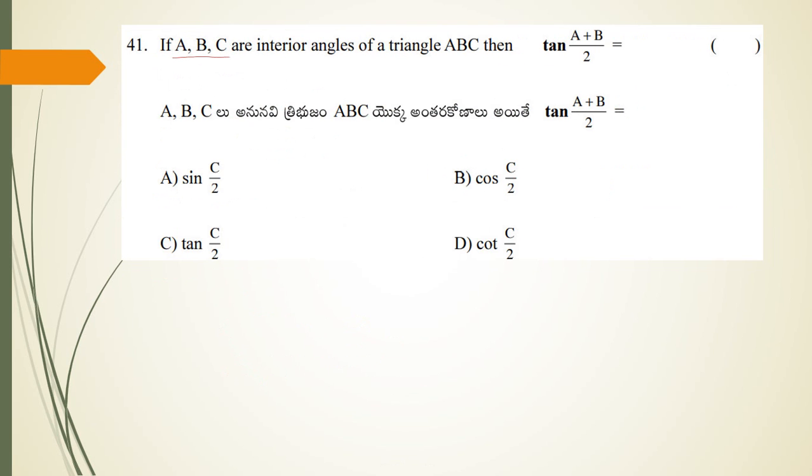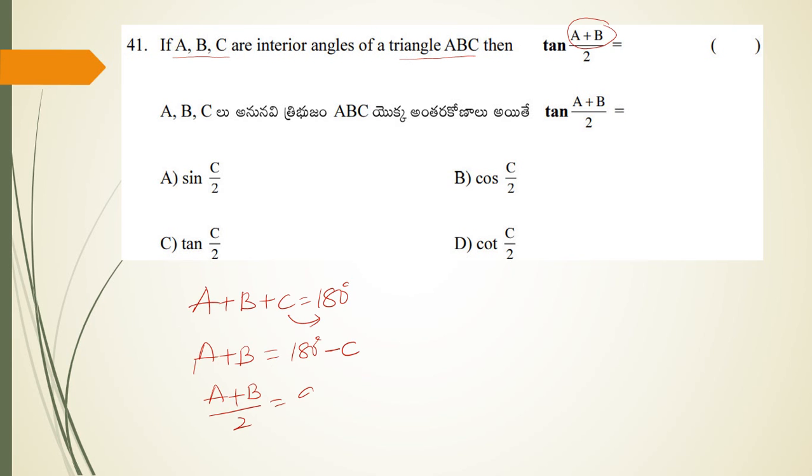Next, moving on to question number 41. What is given is that A, B, C are the interior angles of a triangle ABC. Whenever you talk about triangle ABC, simply we can say the sum of the angles is equal to 180 degrees. Since here we are talking about A plus B, we transpose C to the other side. From this, A plus B is equal to 180 degrees minus C. Now on dividing by 2 on both sides, A plus B by 2 is equal to 90 minus C by 2.